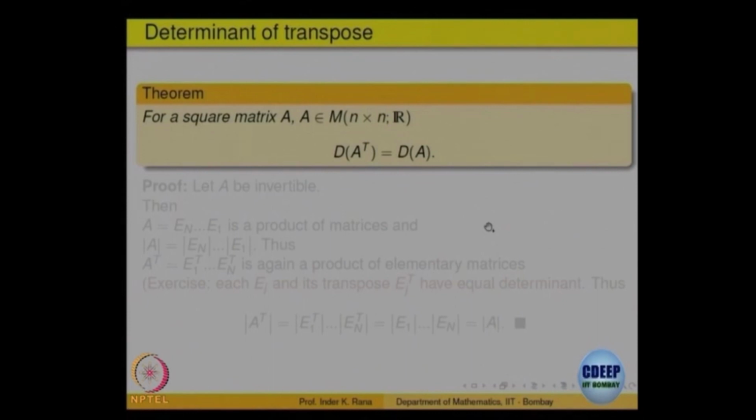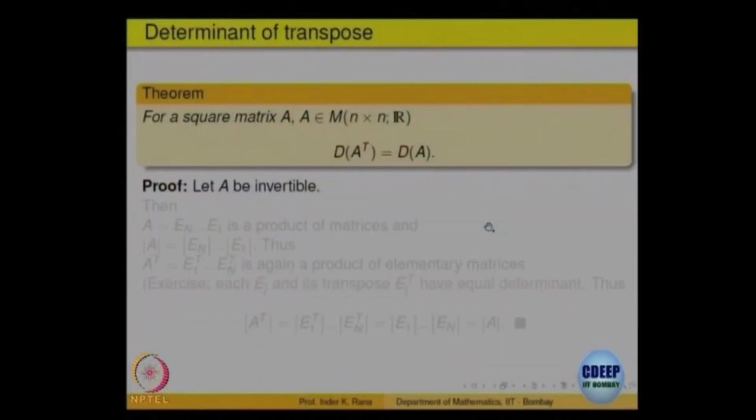How do you prove determinant of A is equal to determinant of A transpose? You can say, okay, we have expanding by rows and columns is the same, let us try to expand by columns and rows and do something. But here is a very simple way of doing it, again by using our abstract definition. Let us say A is invertible. A invertible, not invertible, two possibilities, right. If A is not invertible, then determinant of A is 0.